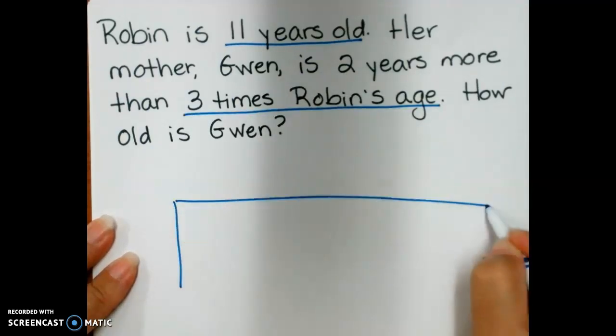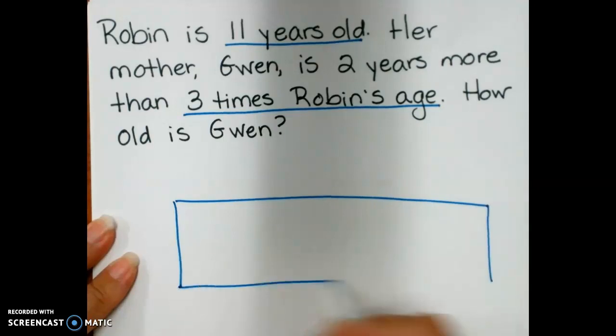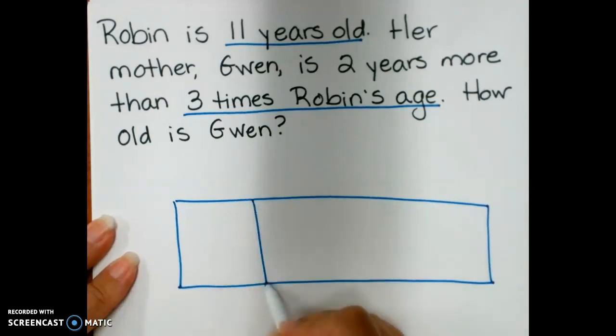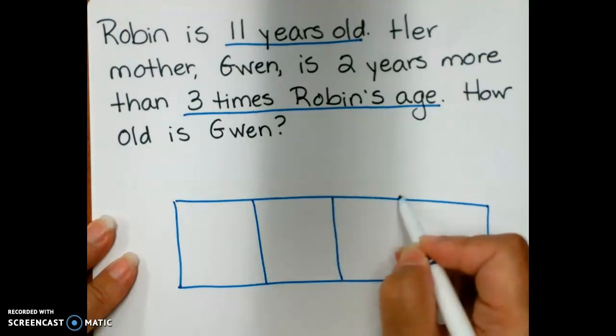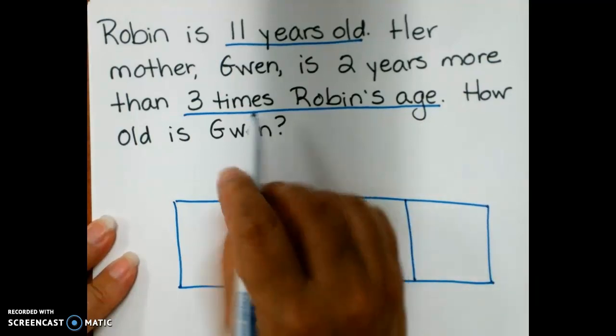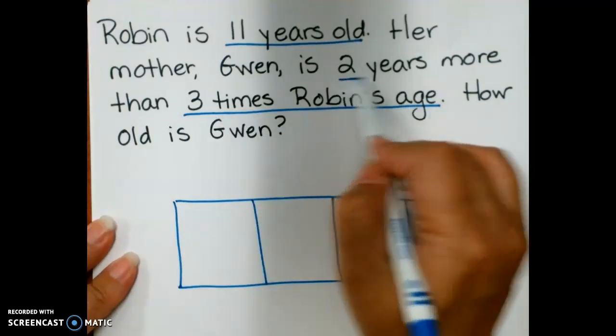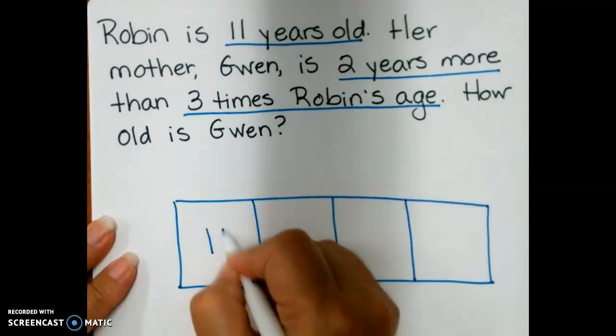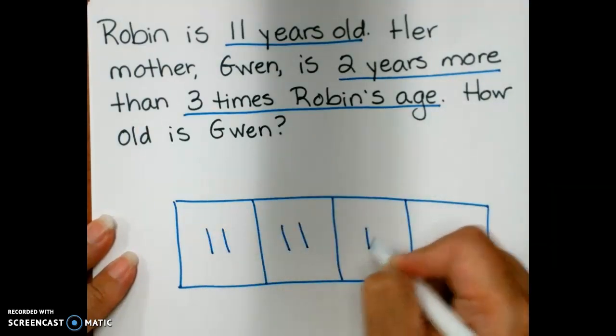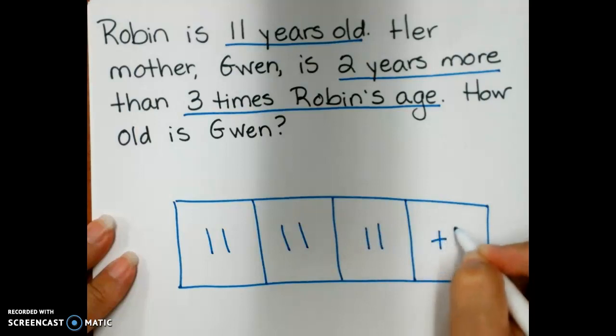So I'm going to draw a bar model. And I know that Robin's mom is 3 times Robin's age plus 2 years more. So if Robin is 11, I have 11, 3 times, plus 2 more.